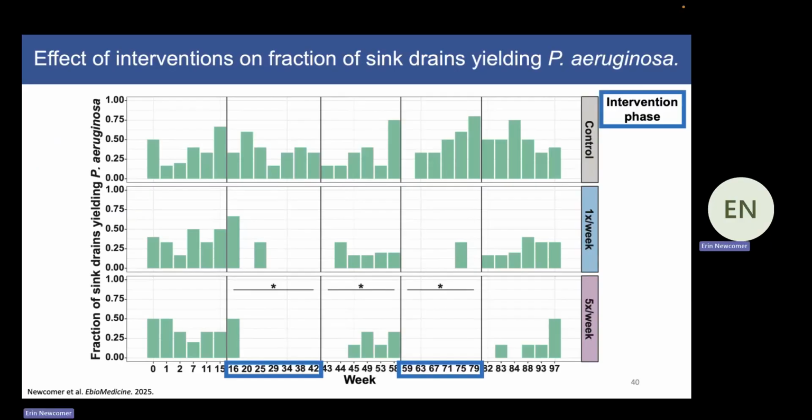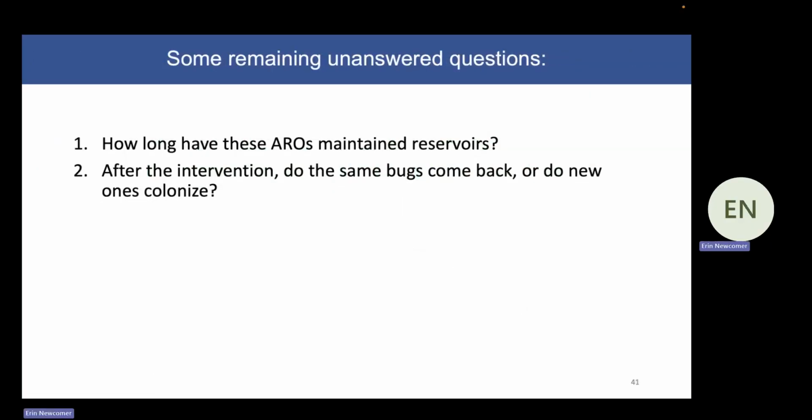We know they can survive long-term in these sink drains, but we want to know how long they maintain these reservoirs. And like we just observed, after the intervention we do see these ARO species returning, but we really want to know: is it those same strains coming back, or are these potentially new ones colonizing after the intervention is stopped?